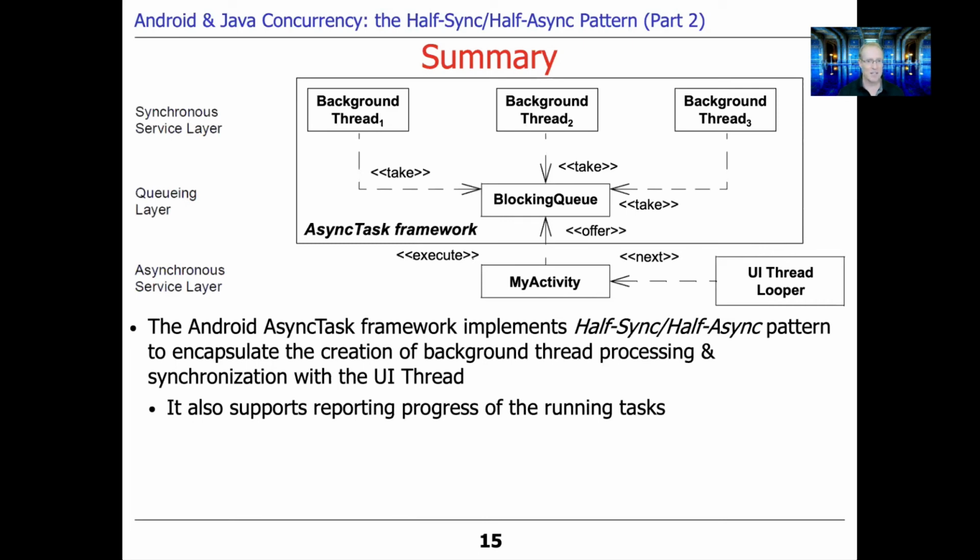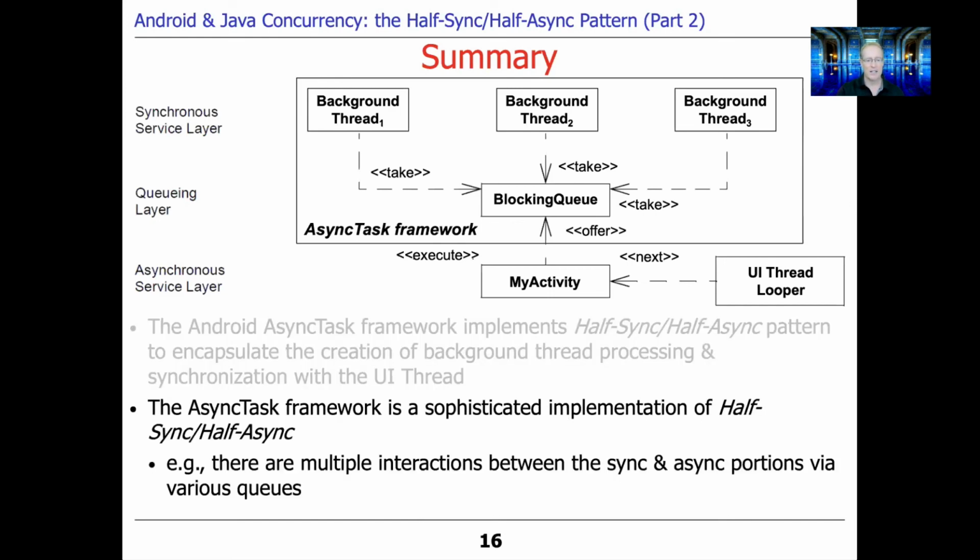And it involves interactions and synchronization and communication with the async UI thread, which can't block. Another nice thing that we can do with Android is you can also report the progress of running tasks. There's another way to pass information from a background thread back to the user interface thread periodically. So the async task framework in Android is a very sophisticated implementation of the half-sync, half-async pattern.